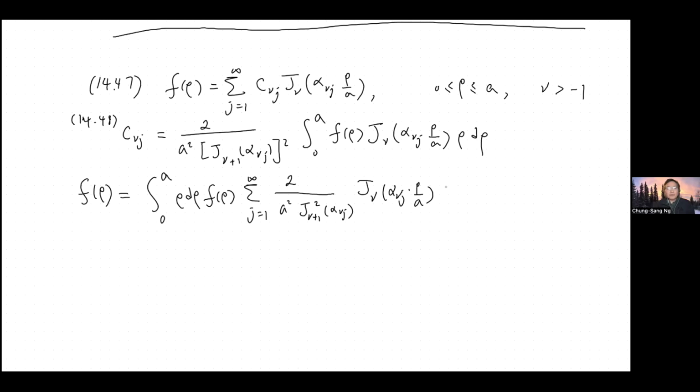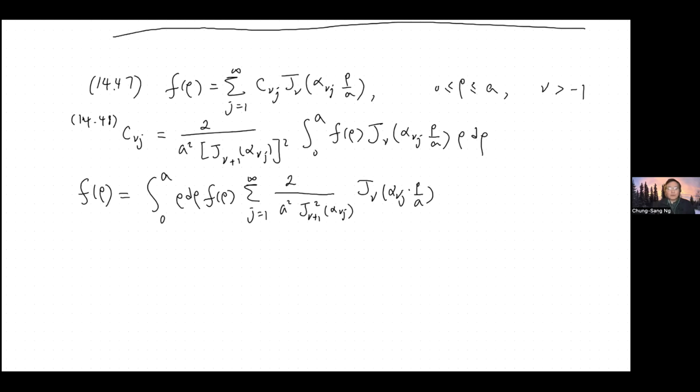When we put this here, this is c sub j, right? And then there's a rho, but when we integrate that, we probably should use another variable for the integration.